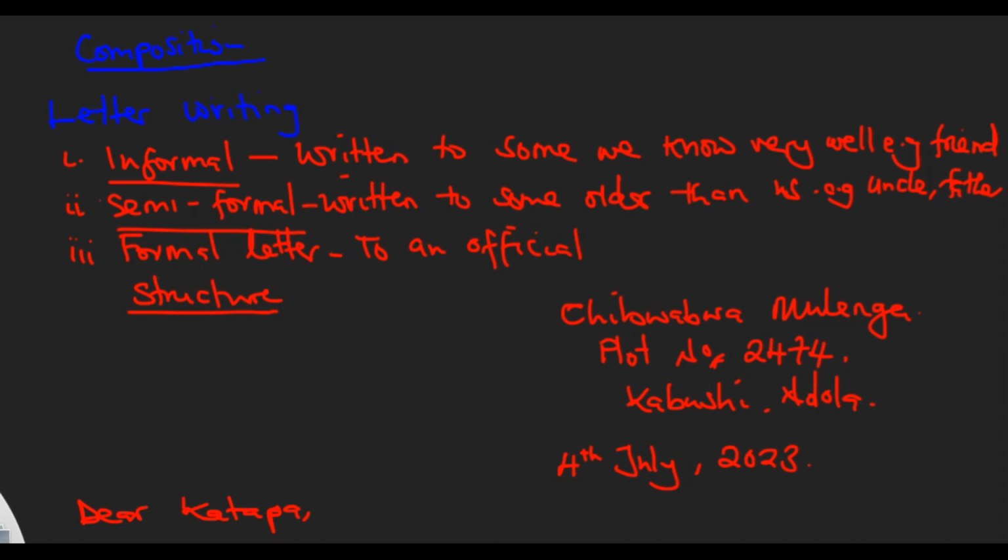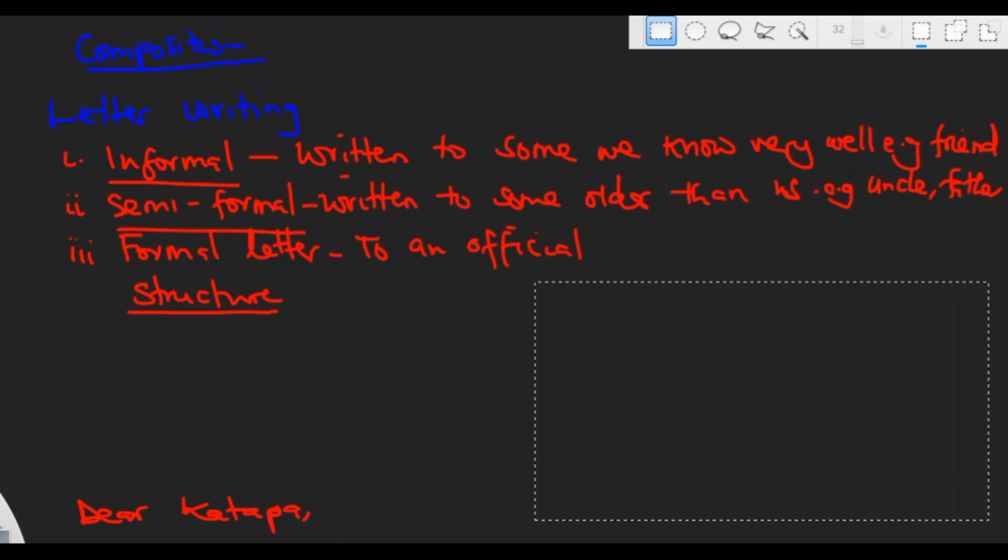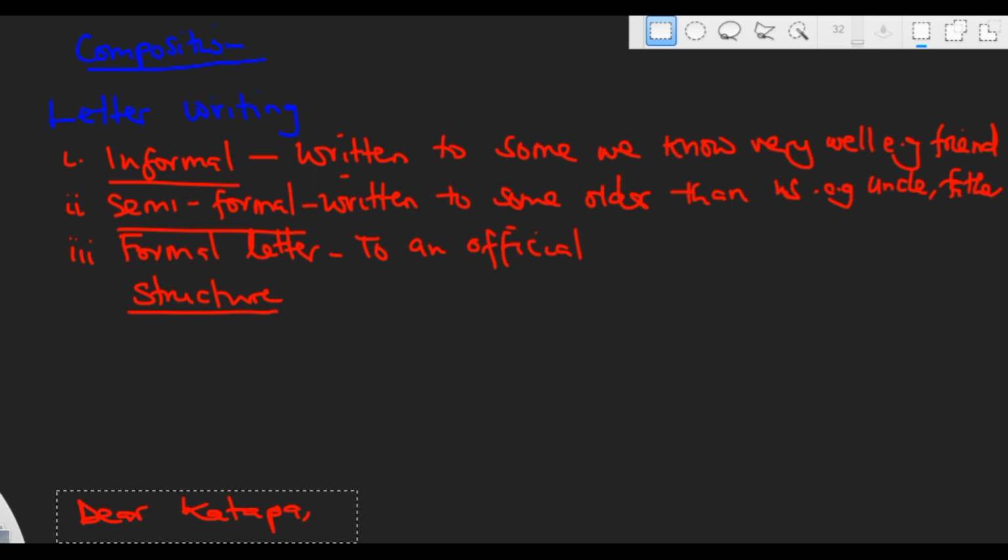Then we can look at the main body, or the introduction. The introduction involves the greetings.